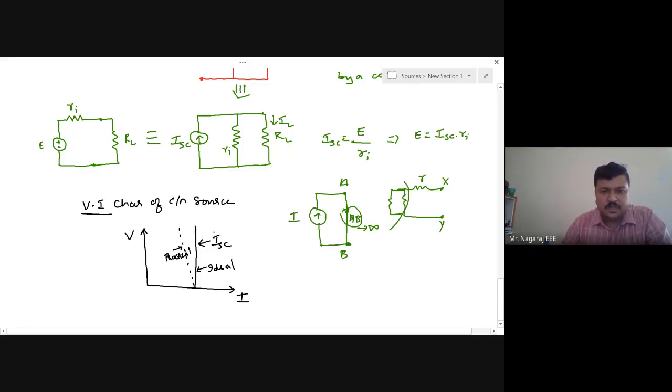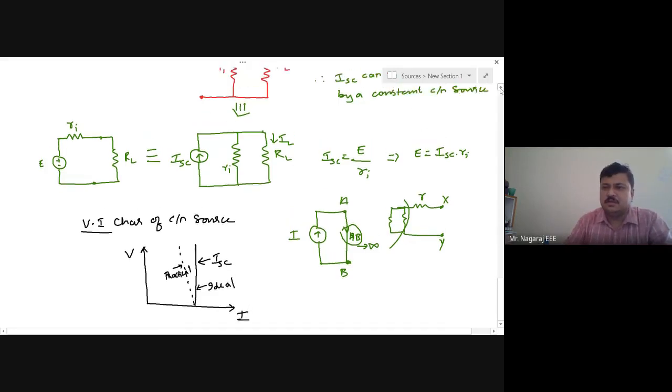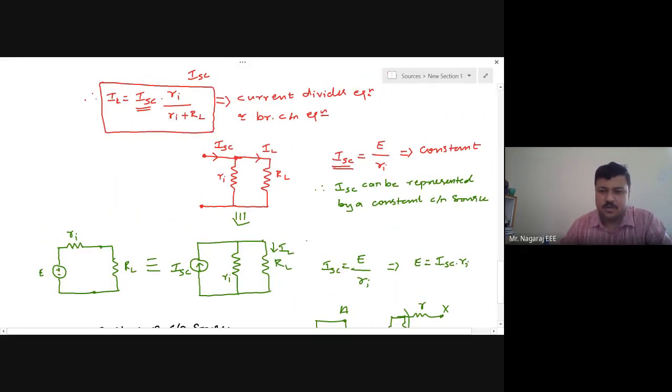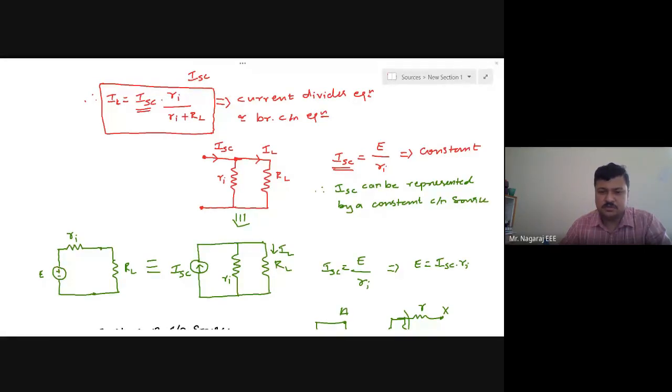If it is constant, that is ideal. If it starts varying slowly, it is practical. So this is all about the sources and source transformation. In the next class, we will be looking into a few numericals about source transformation.